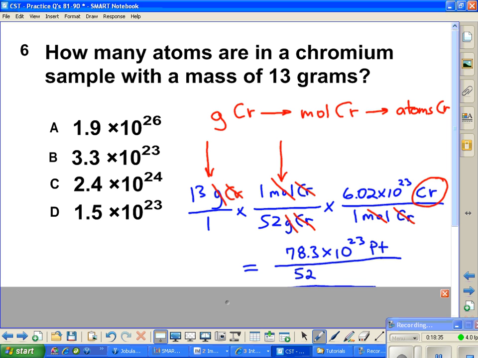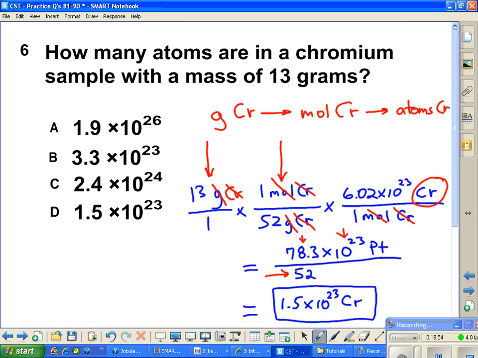All that's left on the top is our 78 times the 10 to the 23rd. And on the bottom, all of the units are canceled out, so we have the number 52. And when you divide 52 into 78.3, it comes out to almost exactly 1.5 times 10 to the 23rd chromiums, which gives you answer D.